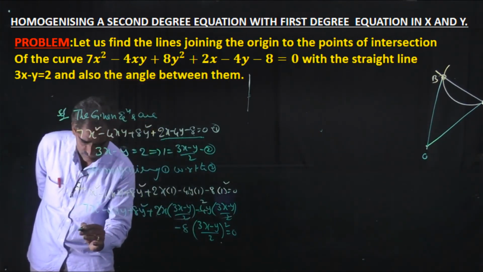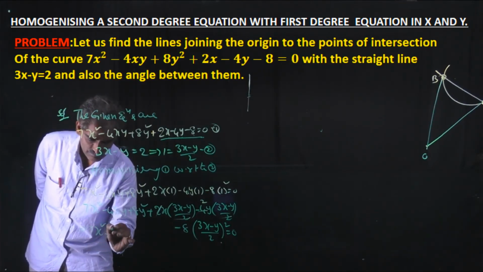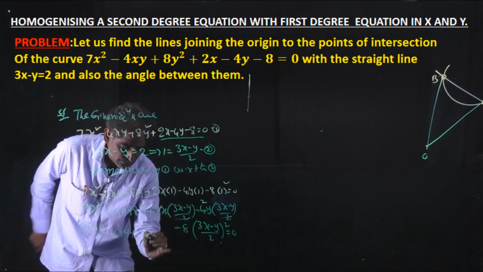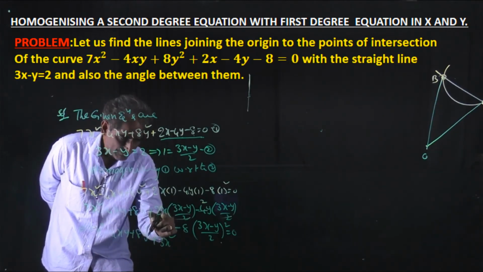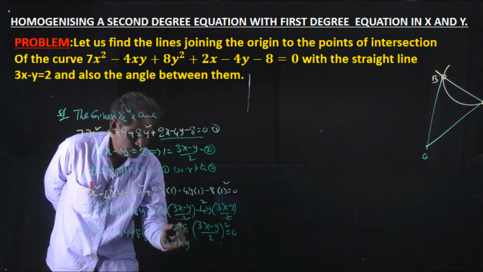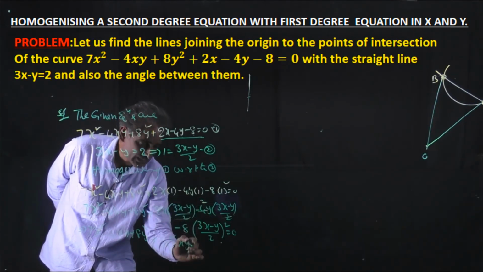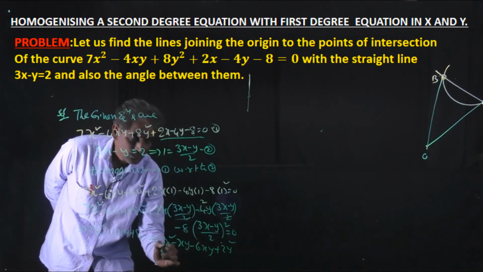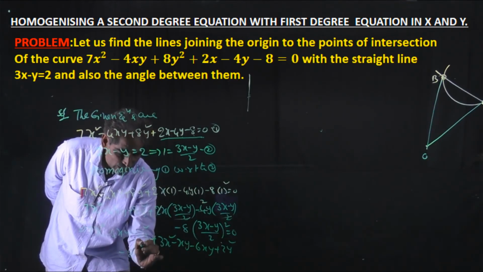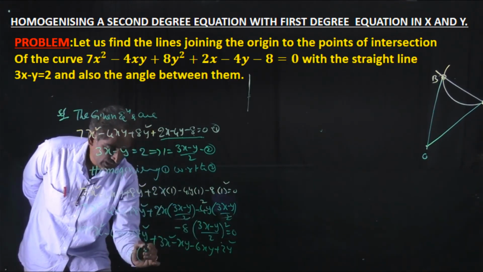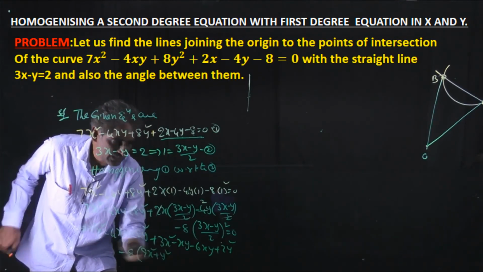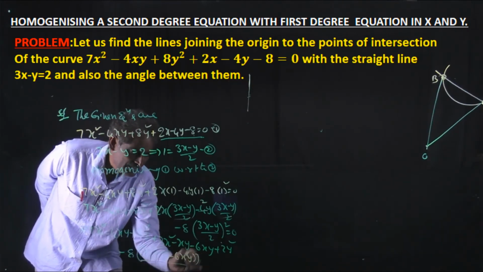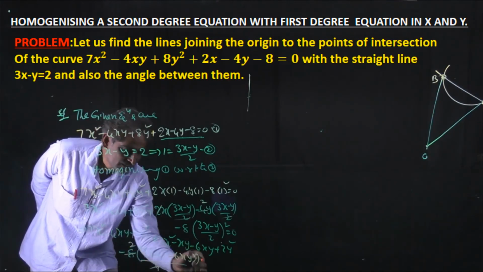Just to simplify it: 7x square minus 4xy plus 8y square plus x into 3x, 3x square, plus x into minus y, minus xy, minus 2y into 3x, minus 6xy, minus into minus plus 2y square, and minus 8 into (a minus b) whole square, (9x square plus y square minus 6xy) whole divided by 4 into 2, this is equal to 0.